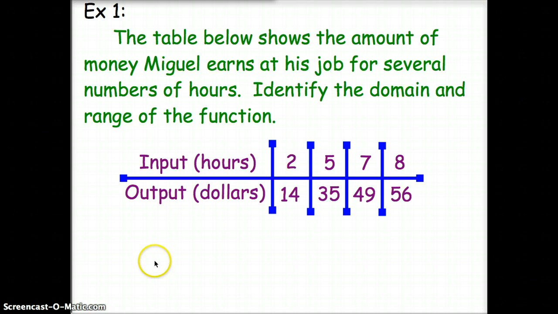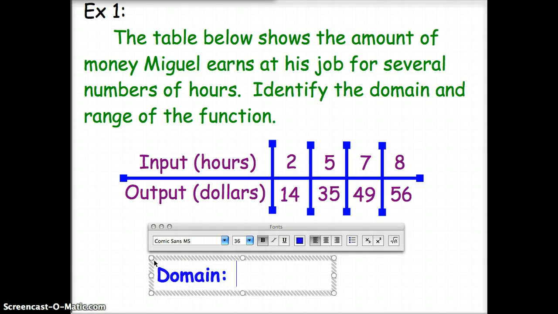For this one, think of your input, or your domain, as that little annoying brother or sister. Well, Miguel, how much money are you going to earn if you work 2 hours? What about 5 hours? What about 7 hours? What about 8 hours? They're just really questioning a lot about different situations.